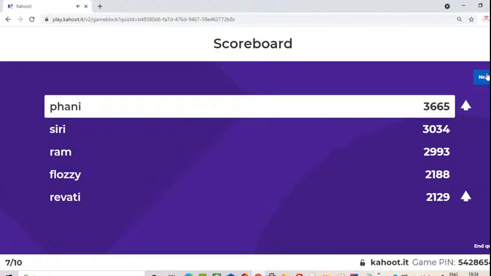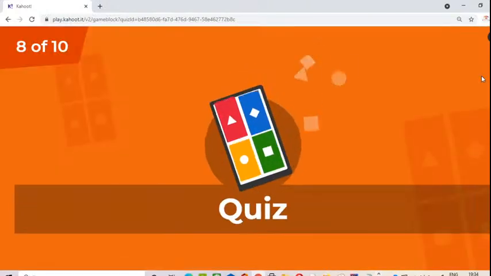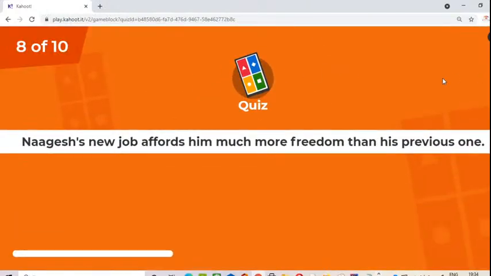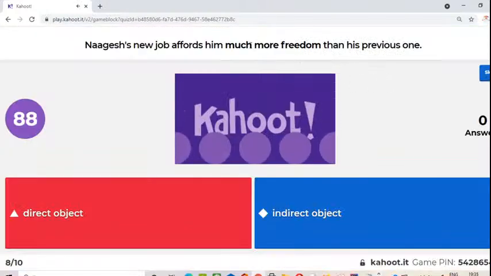Okay, this time Funny is on the first, and Siri have come to the second, and Revati have come up again, and she's in the fifth. That's very good, Revati. So now let's move on to the next question. The next question is Nagesh's new job affords her much more freedom than his previous one. Okay, come on, guys.